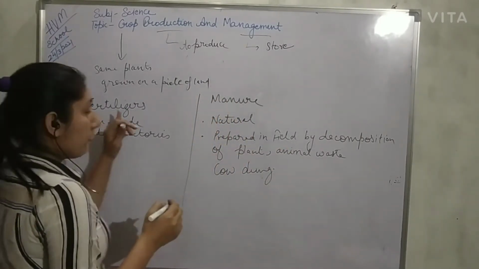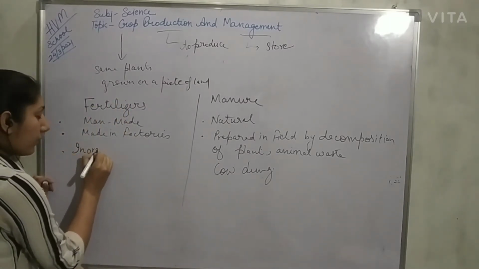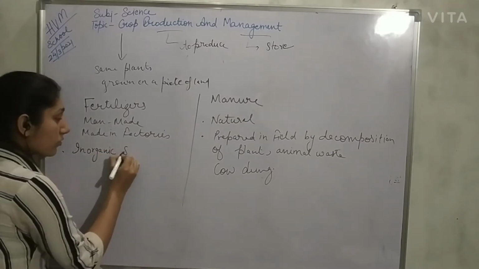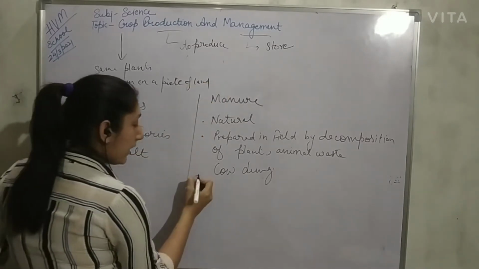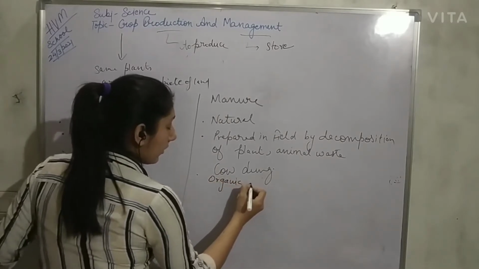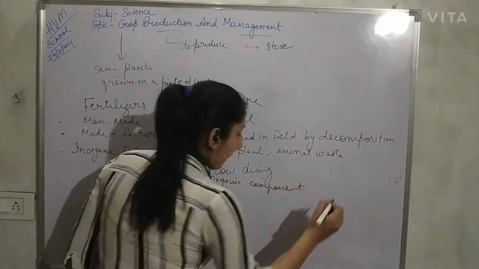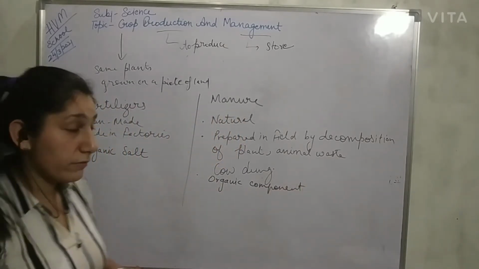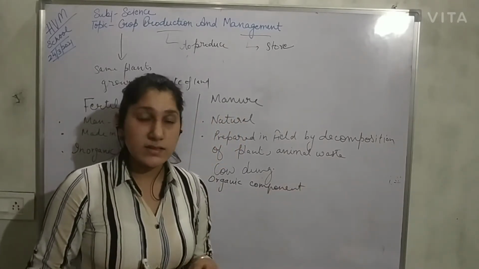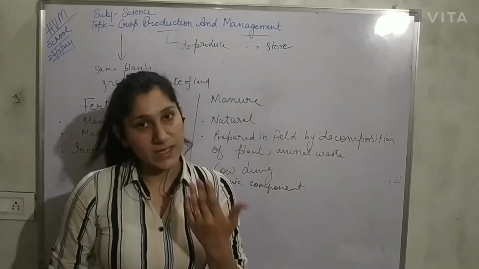Yes students, fertilizers are inorganic salt, and manure is an organic component, right? In between the video, if you want to write down any stuff, you can pause the video and you can rewind it as many times as you want.